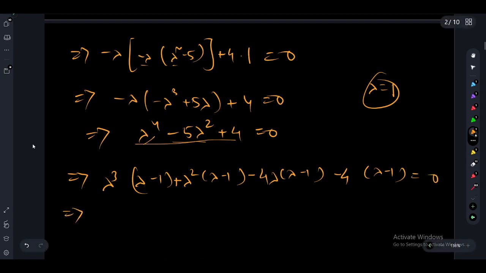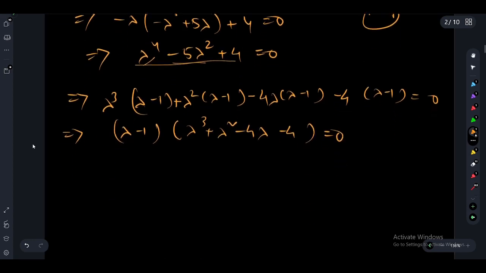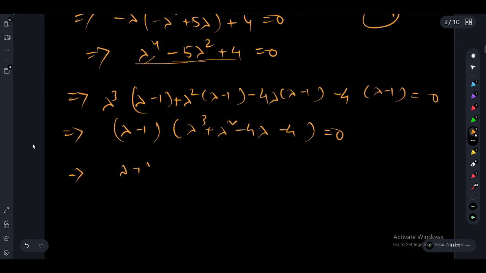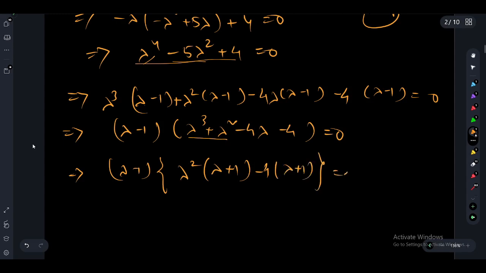If we take this out, we have lambda minus 1 into lambda cube plus lambda square minus 4 lambda minus 4 equals 0. Now if we factor out lambda square from lambda cube plus lambda square, we have lambda plus 1, minus 4 into lambda plus 1, and this equals 0.